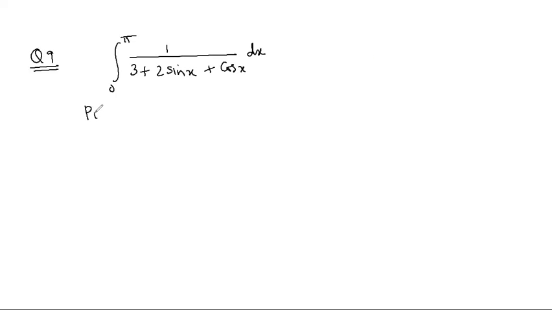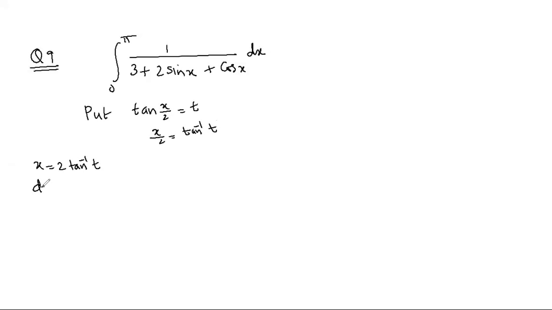Half angle tan. Put tan x by 2 as t. Come on, start with me. Put tan x by 2 as t. First, we'll replace dx. To get the equivalent for dx, make x by 2 the subject. So I can write x equal to 2 tan inverse t.